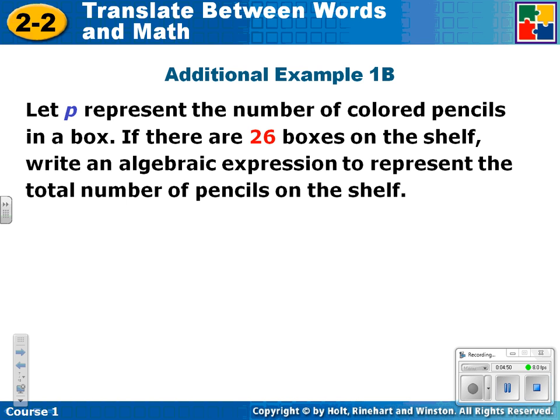To me, it looks like we've got the number of colored pencils in a box, and we have 26 boxes. That sounds to me like equal groups. Wouldn't you say? You got a box of pencils, you got 26 of these, so you have equal groups. Automatically, your brain should be going, I'm going to be dealing with either multiplication or division.